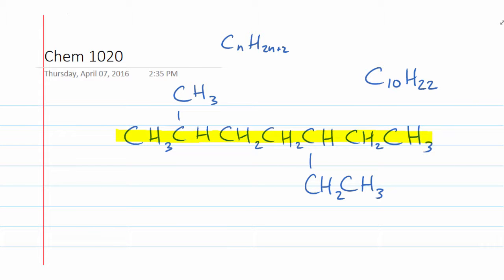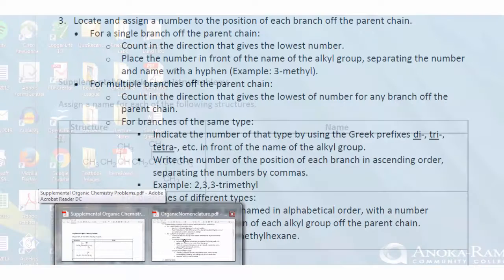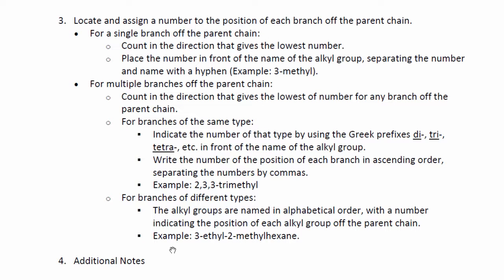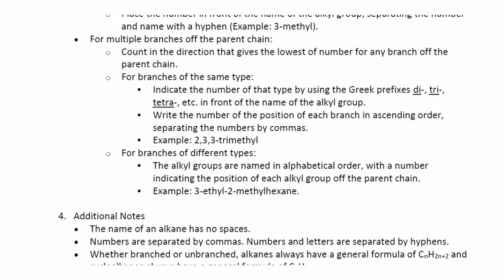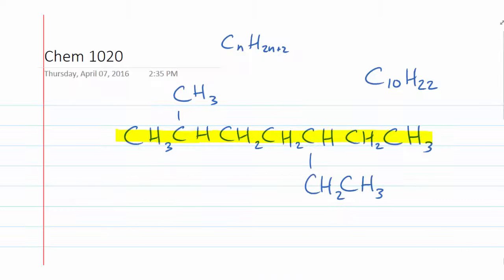Then, if we want to come up with a name, now we have multiple branches. And we will look at this right here. It says for multiple branches, we're going to count in the direction that gives us the lowest number for any branch off of the parent chain. So if we come back here, we can count 1, 2, or in reverse we count 1, 2, 3.